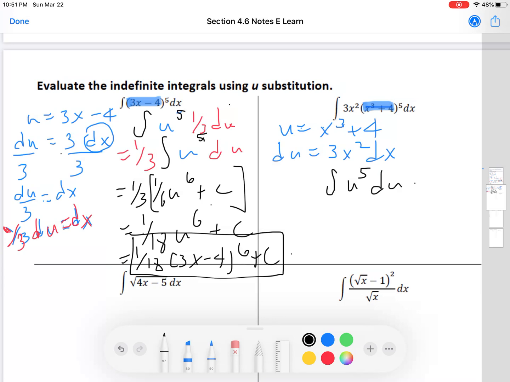Now, if you wanted to solve for dx, we would get du over 3x squared is equal to dx.